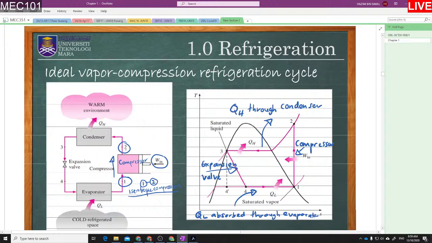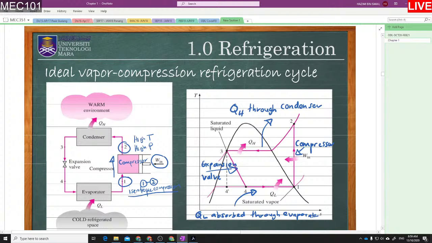From state 2, the fluid has high energy, high temperature and also high pressure. So the working fluid passes through the hose or tube into the condenser.